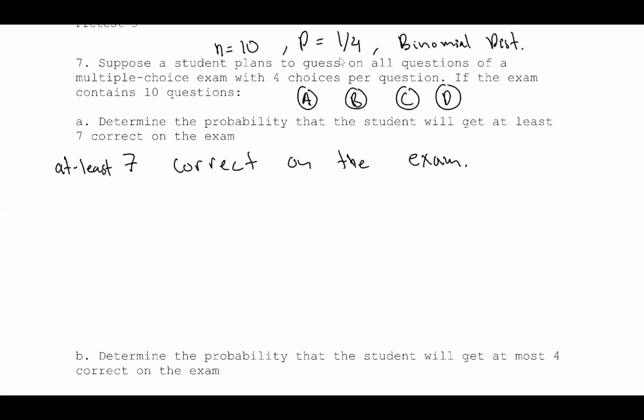All right, so we want them to get at least 7 correct on the exam. So if they get at least 7 correct on the exam, how many questions can they get correct?